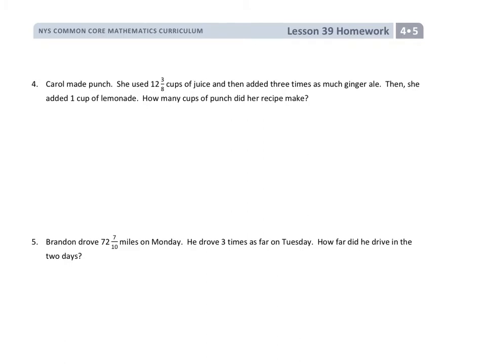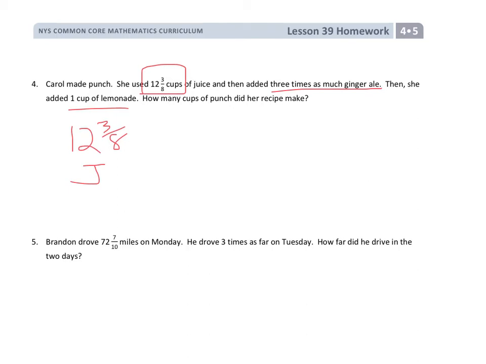On the back, students are going to continue to use the same read, draw, write process. Carol made punch. She uses 12 3/8 cups of juice and then adds 3 times as much ginger ale. Then she added 1 cup of lemonade. How many cups of punch did her recipe make? If we think about juice, we know that she has 12 3/8 cups of juice.